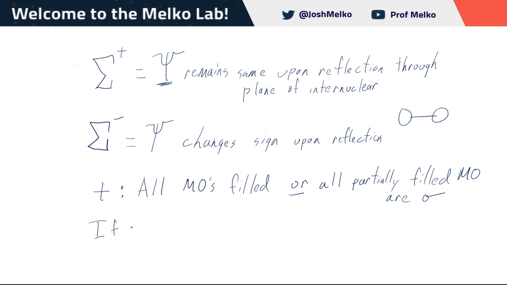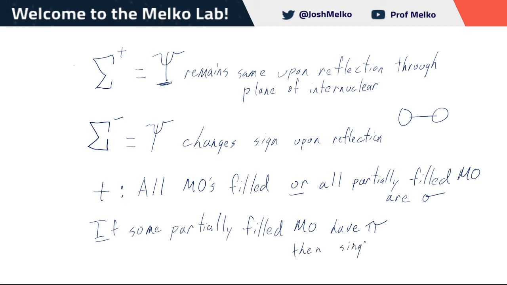If some partially filled molecular orbitals have pi character, this is an if-then statement, then if it's a singlet state, that's going to be plus. Triplet state is going to be minus. Okay, so the shortcut here is that only triplet states here will have this minus sign on a sigma.